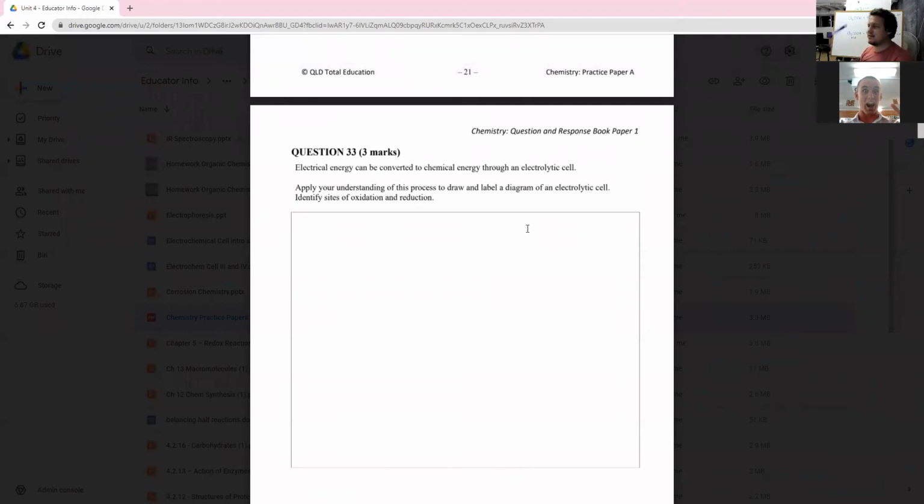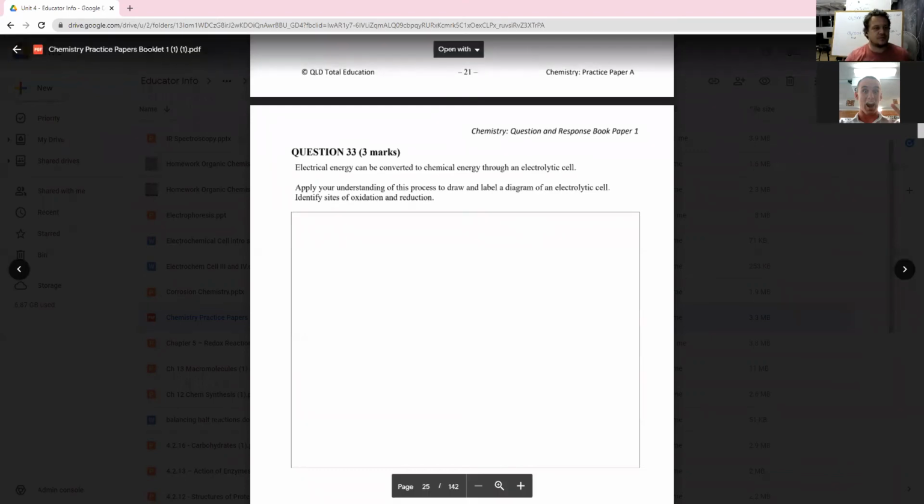So again, nice, easy 3 marks. We're starting chilled out. So 2 minutes is all it should take you. So remember the difference between galvanic and electrolytic.